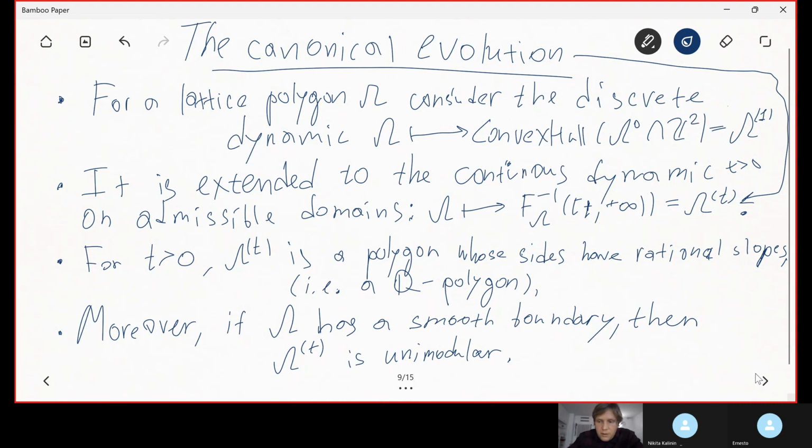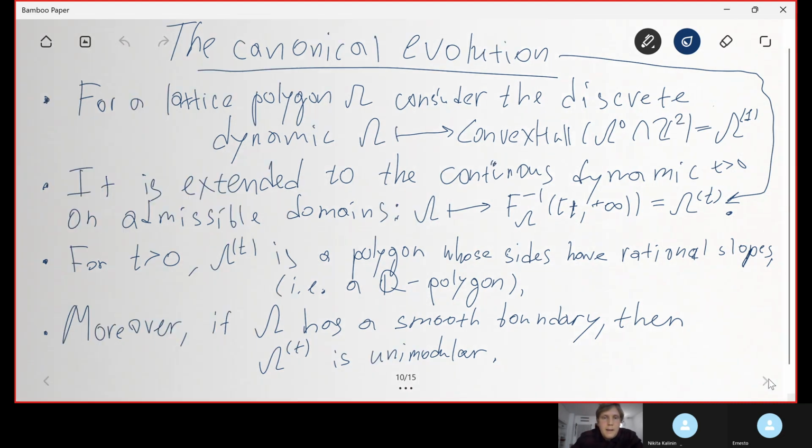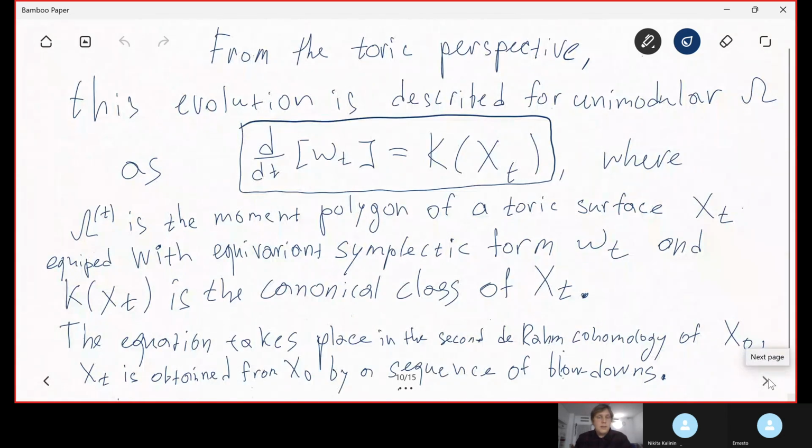So I'll tell you a few more words about this. Why have I chosen to call it canonical? It's because of this weak statement from toric geometry.